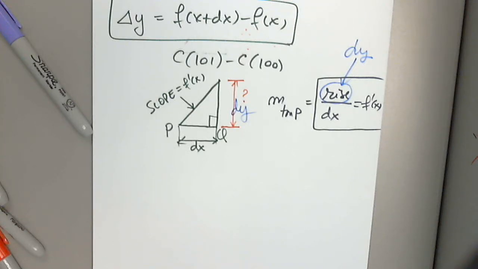So yes, dy has a specific meaning. dx has a specific meaning. Put together is the derivative. But they also have special meanings. What is that? It's still the change in y or a change in x, but it's not the exact one. It's the one that I determine using the derivative. It's not the exact.